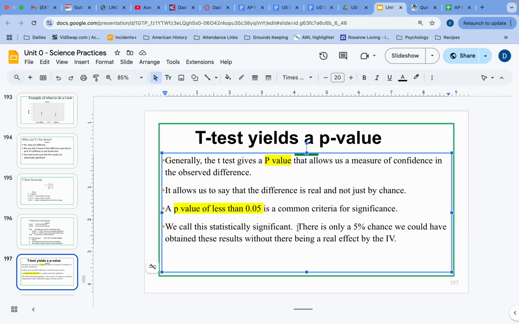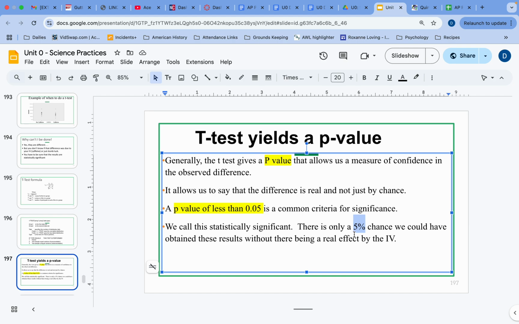So if you go through all that and you get the answer to your t-test, which is called a p-value, I don't know why they have to be different. It'd be nice if it's just the t-value. But if it's 0.05, well, decimal point 0.05 is the same as 5%. You just move the decimal place 2 places to the right to get the percentage.